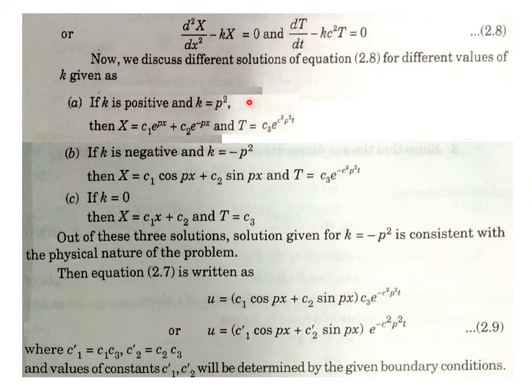solving the other equation with the choice k equals p square, it becomes d capital T by d small t minus p square c square into capital T equals 0. By separating variables capital T and small t, integrating and taking some constant, say c3, it becomes a simple solution, capital T equals c3 e power c square p square t.